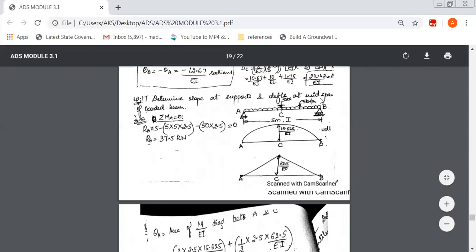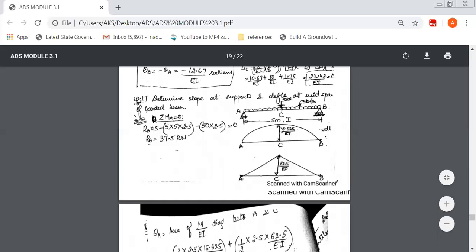So we'll split this. First, due to UDL. We know that for a simply supported beam with a UDL, the bending moment is maximum at the center, and that is WL square over 8. So W is 5, L is 5 square, divided by 8. So WL square by 8 EI is 15.625 over EI.